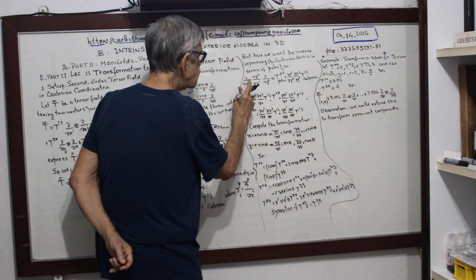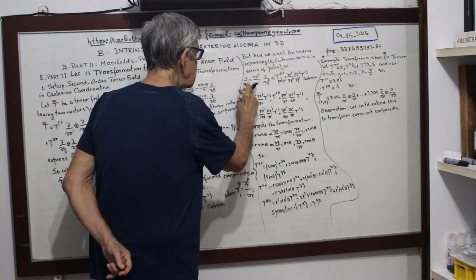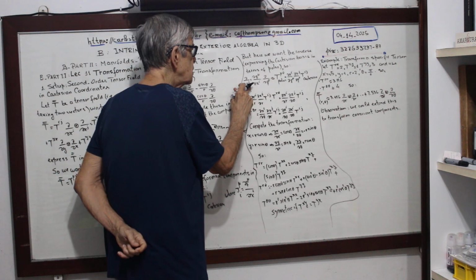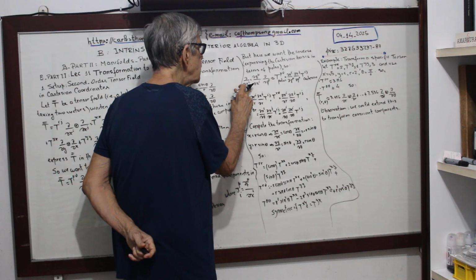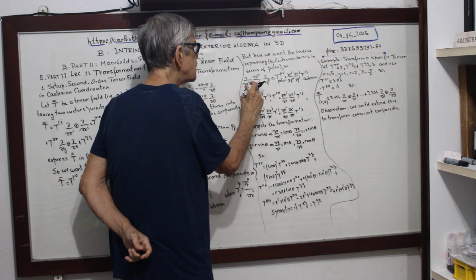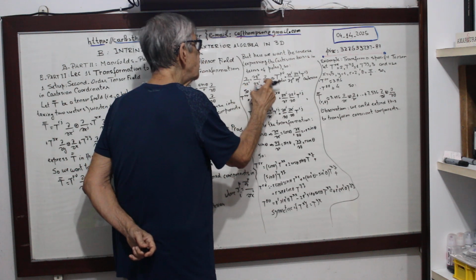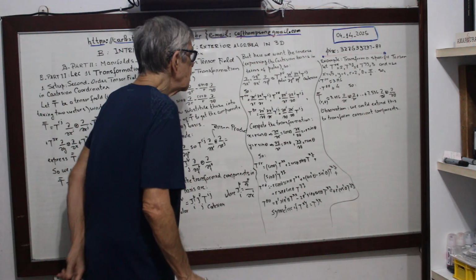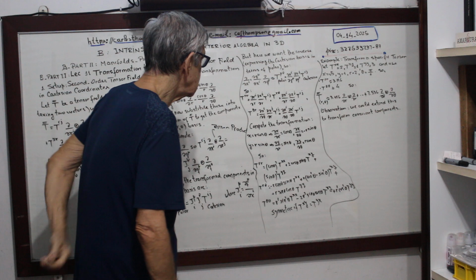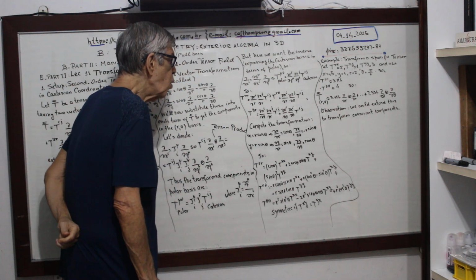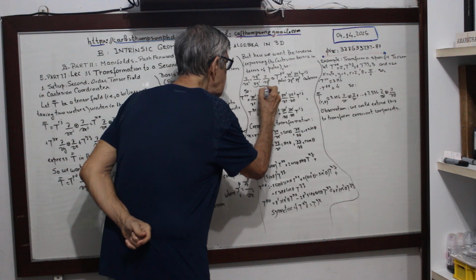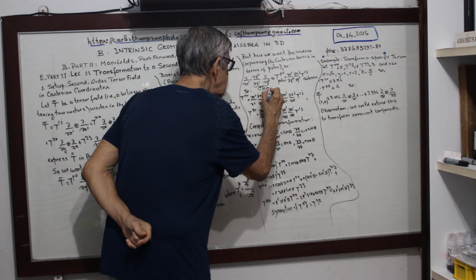So I just write: this is the covariant components in the Cartesian coordinates, then I can express these components in terms of the polar coordinates. Don't forget that this is the chain rule.